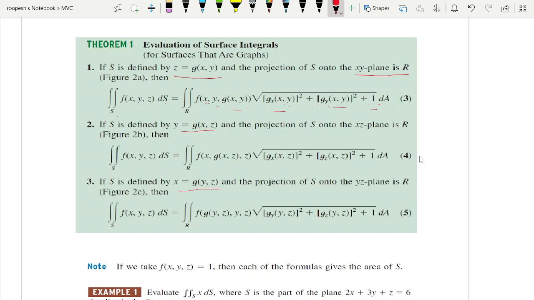Whenever it is defined by y equal to g(x, z), every term is of the form x and z. Instead of y, we write g(x, z). Here gz comes, no y term comes; the derivative with respect to z and with respect to x appears. Only that thing you should note here.